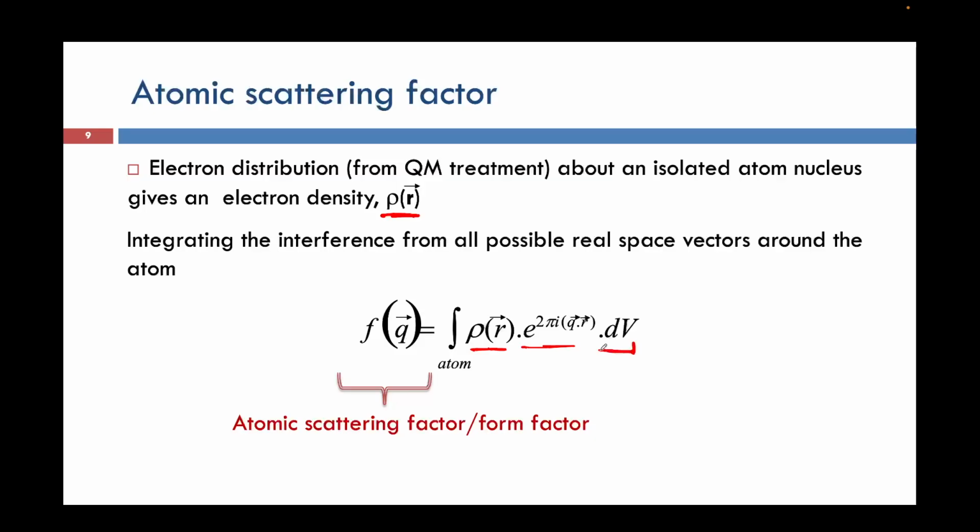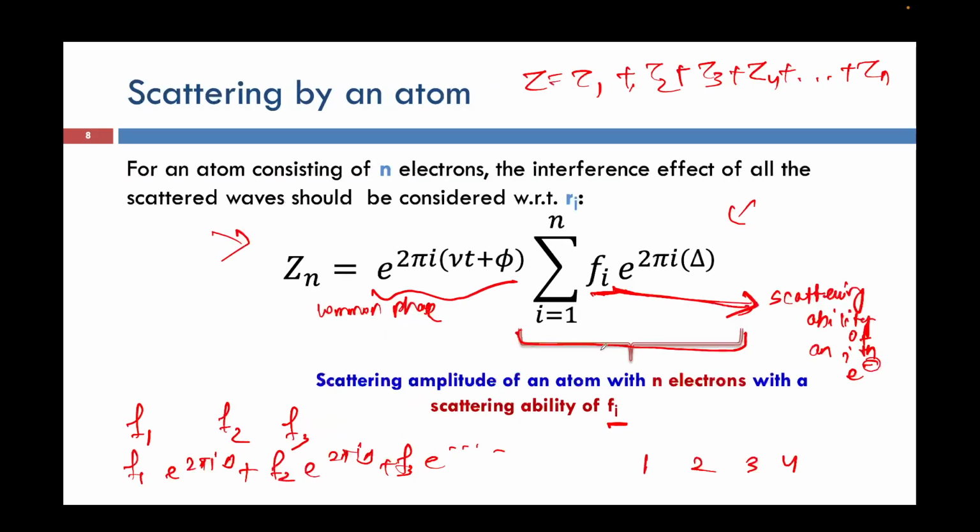So if I now consider the electron cloud density from the quantum mechanics perspective, then I will get the total scattering ability of all the electrons, Fi. The summation is there, right?